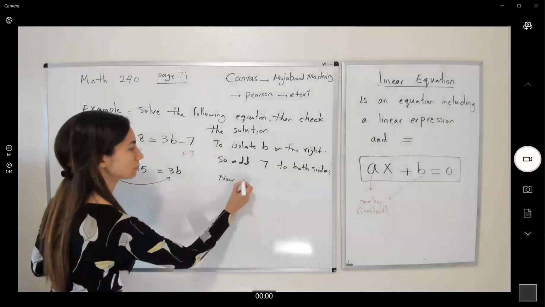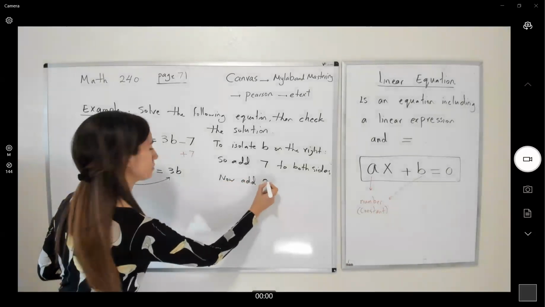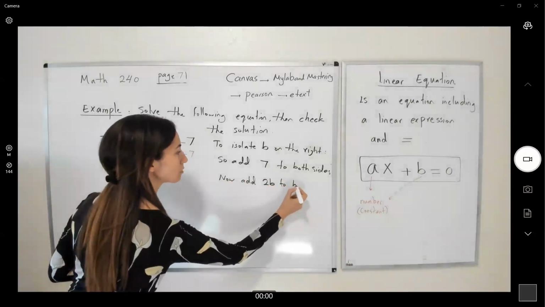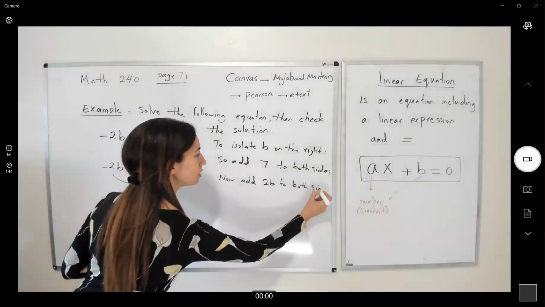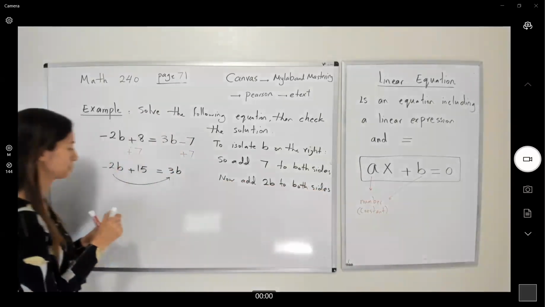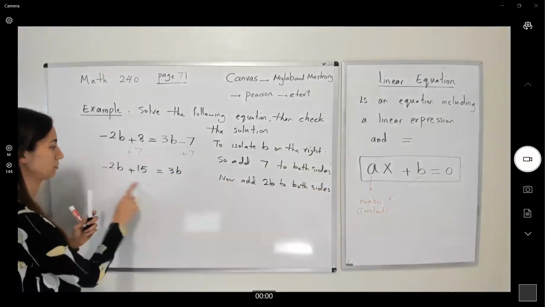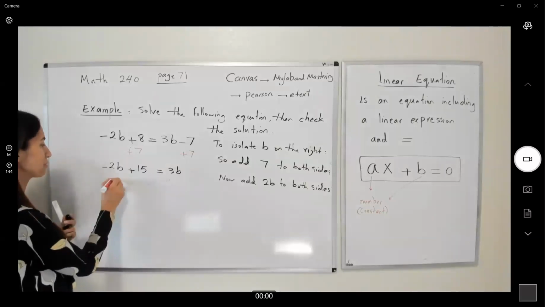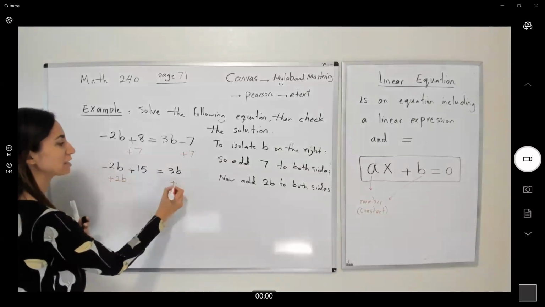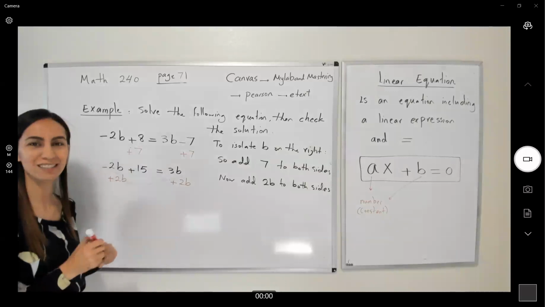Let us add 2b and have all variable terms on one side.